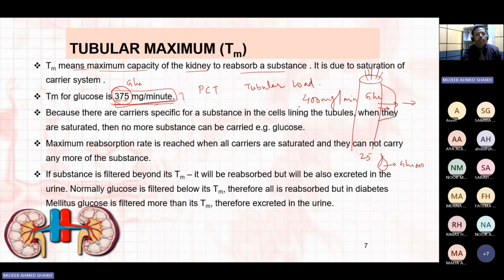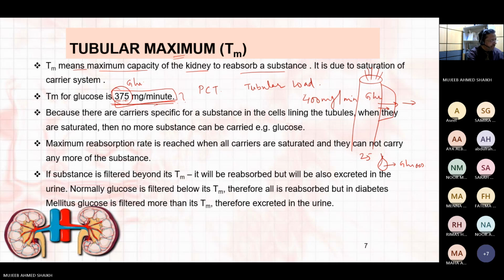So this is the maximum capacity of the kidney to reabsorb any particular substance. Here it is glucose, and that is known as tubular maximum. But why is this number? Why does the kidney have one specific capacity? What could be the reason? Why can the kidney not reabsorb more than this?